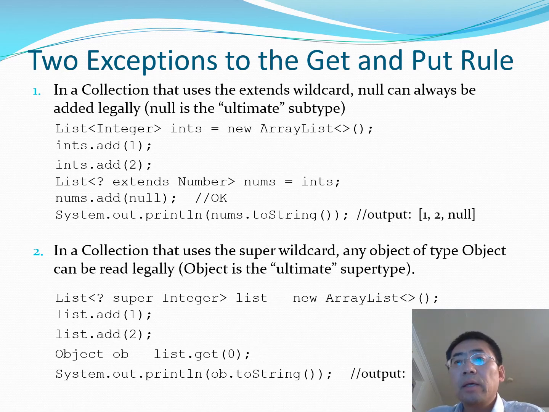And similarly, for a parameterized type using a super wildcard, normally we do not read items. But in this case, as an exception, we can read items as objects, and that's not a problem either.